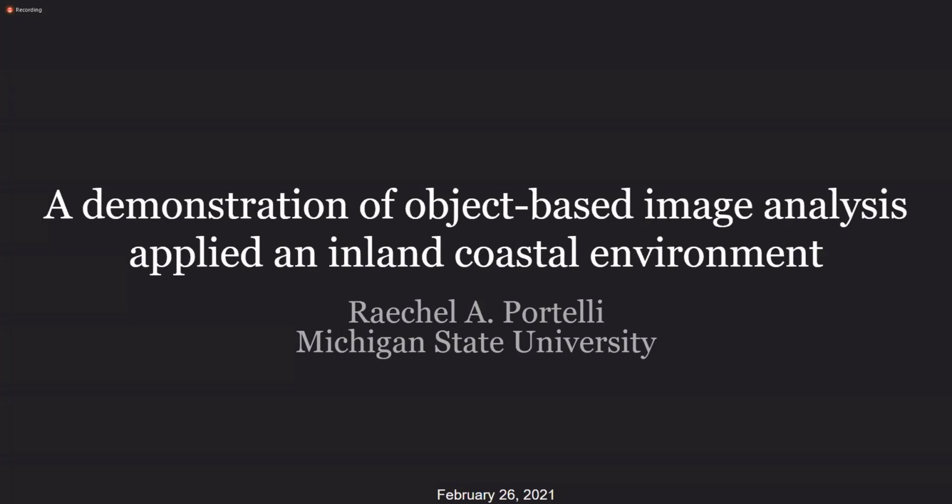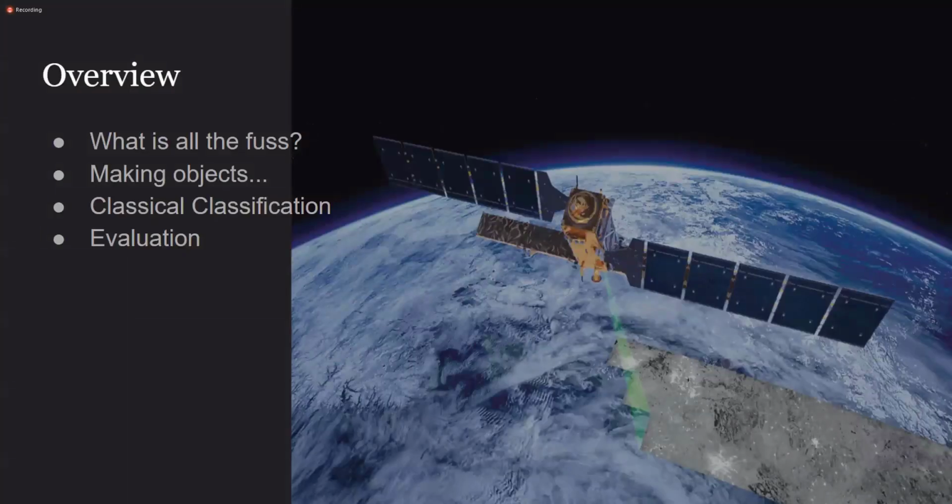So to get started, an overview. First, I'd like to talk about what is all the fuss. Why is GEOBIA something that has really picked up in popularity in the last, I don't know, 5 years or so, 10 years? And then we'll start talking about the actual process of object-based image analysis and how it differs from typical or traditional pixel-based analysis.